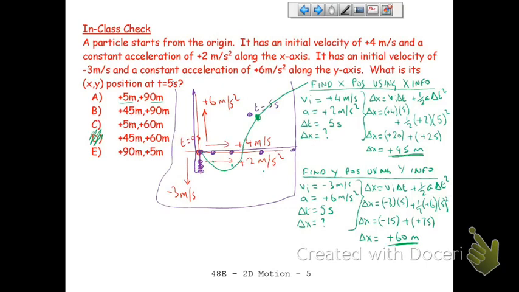The trick with that was recognizing the fact that you can only use X information with X information and only use Y information with Y information. So what might this be an example of?